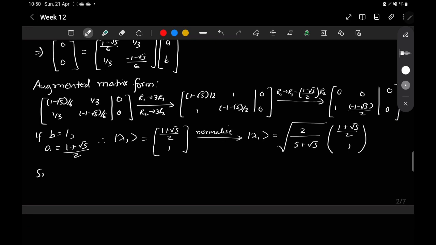Similarly, for the other eigenvalue, the eigenvector is as follows.